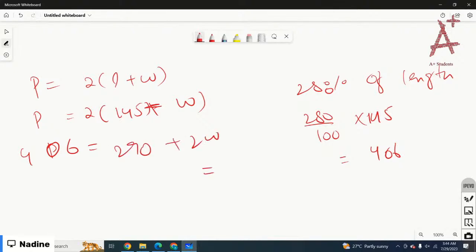Just subtract 290 from the other side, so it would be 406 minus 290, that is 116 equals 2w. Divide both sides by 2, so it would be 116 divided by 2, that is 58. So that means the perimeter of the rectangle is 406, length is 145 and width is 58, right?